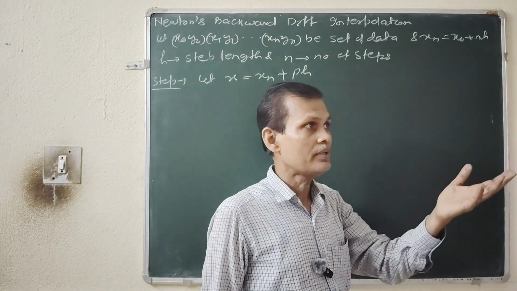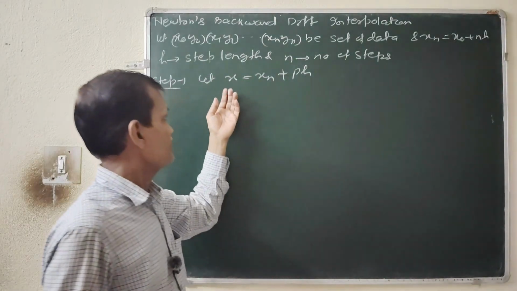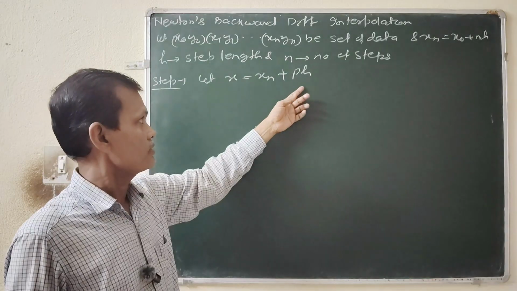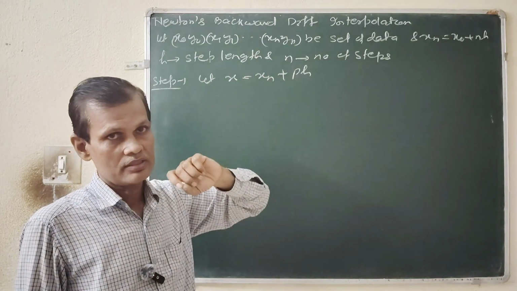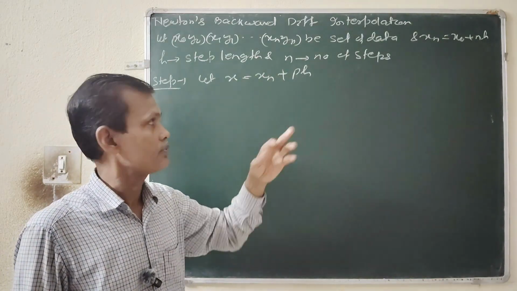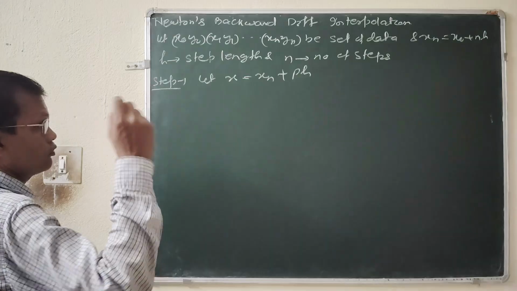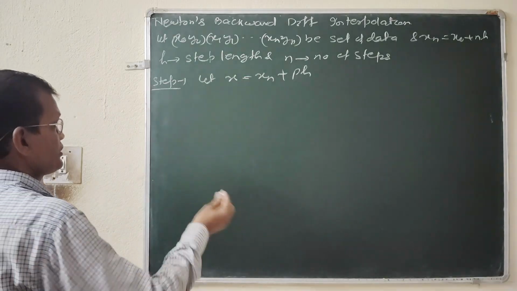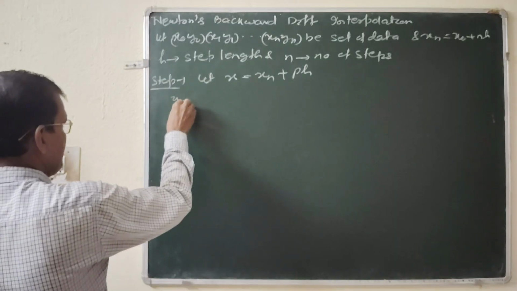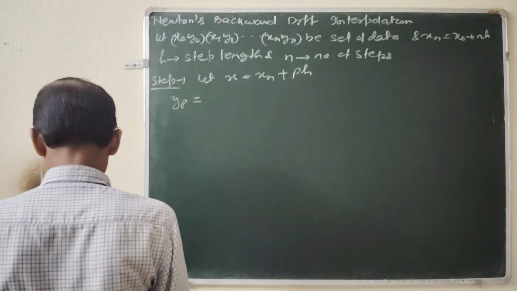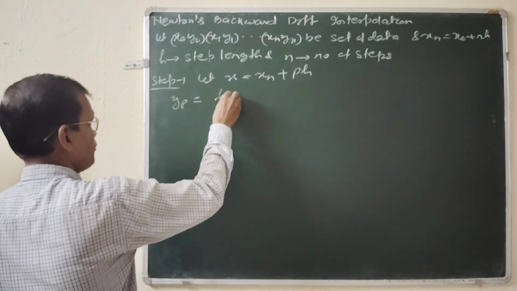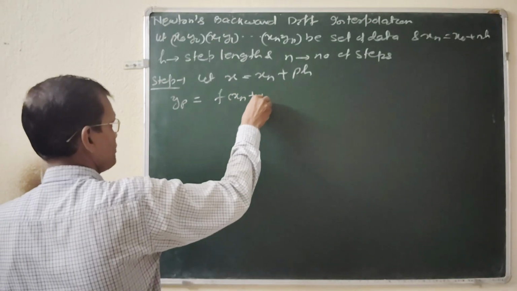As per our requirement x, we define x is equal to xn plus ph, which means the step length is changed. As the step length is changed, the number of steps will change. So we define x is equal to xn plus ph. We arrive at the ph steps, that is yp. yp is equal to f of xn plus ph.